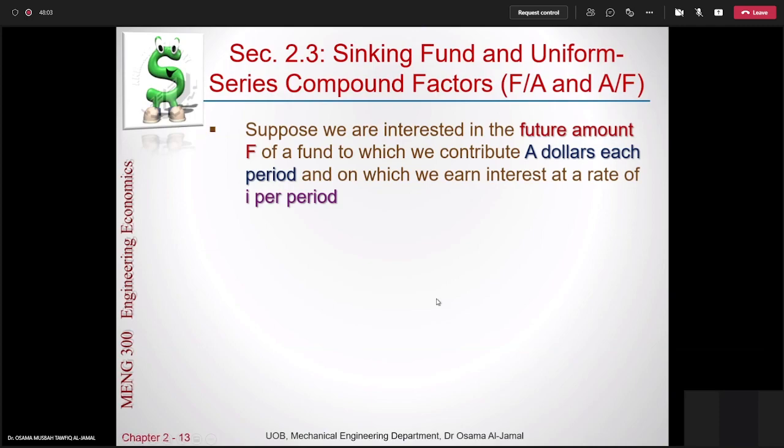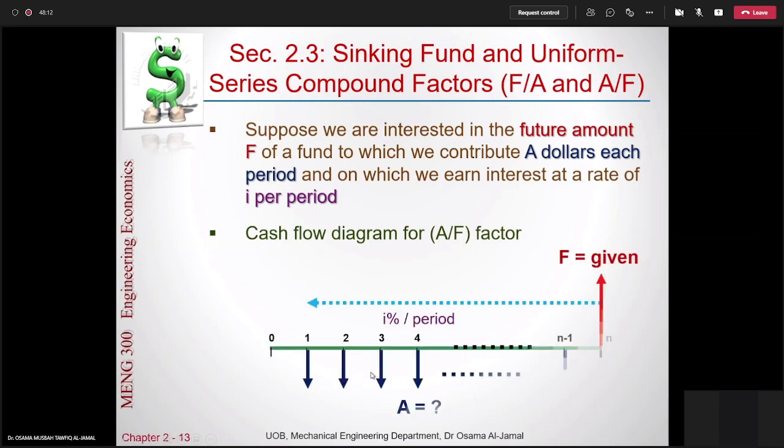This is exactly similar to what we showed earlier for the cash flow diagram. So the cash flow diagram for the A given F factor will look like this.